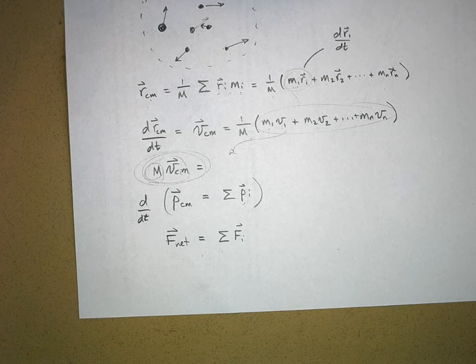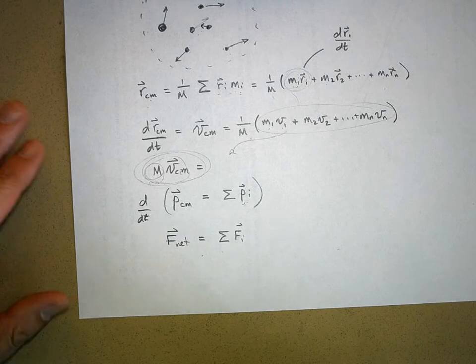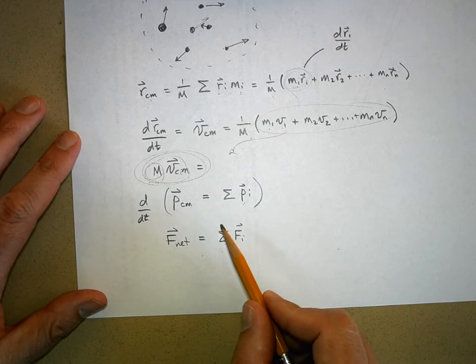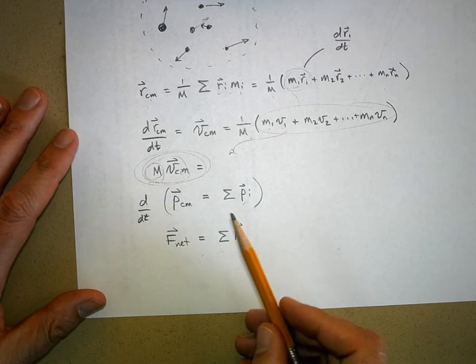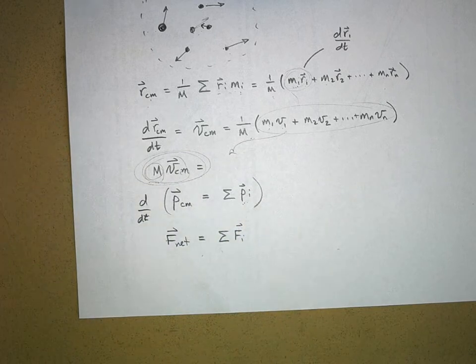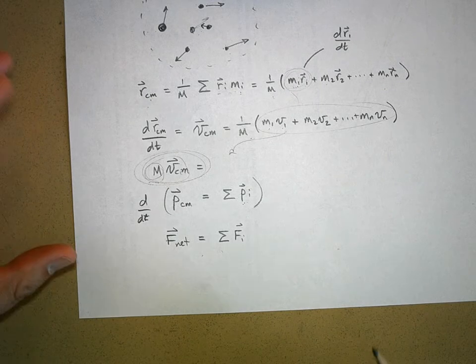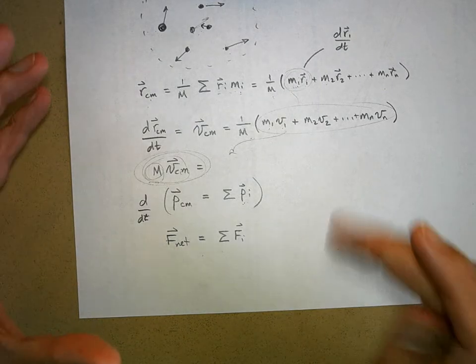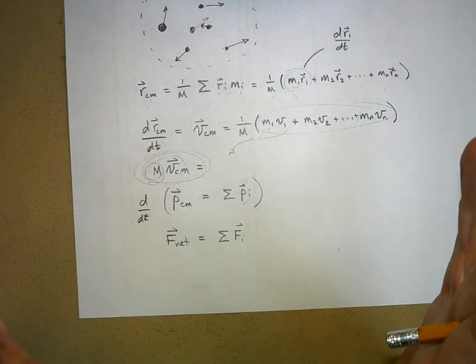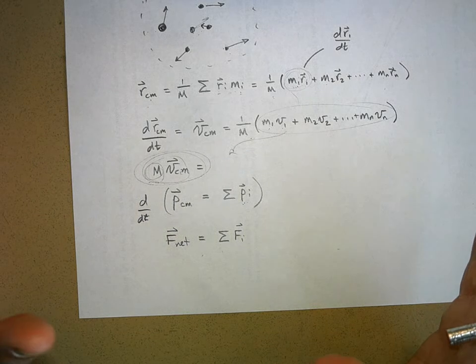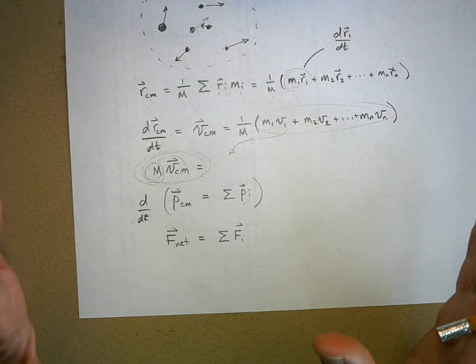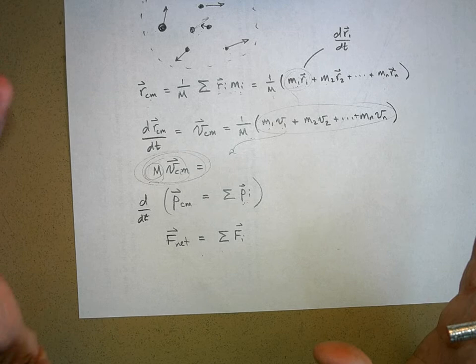But what if there is a net force acting on my system of particles? Well, that will result in the change in momentum of each individual little particle when I sum them up. Now, when you're analyzing a large system of complicated particles that are all moving, let's say you're an astronomer, and you want to analyze the motion of a cluster of stars.